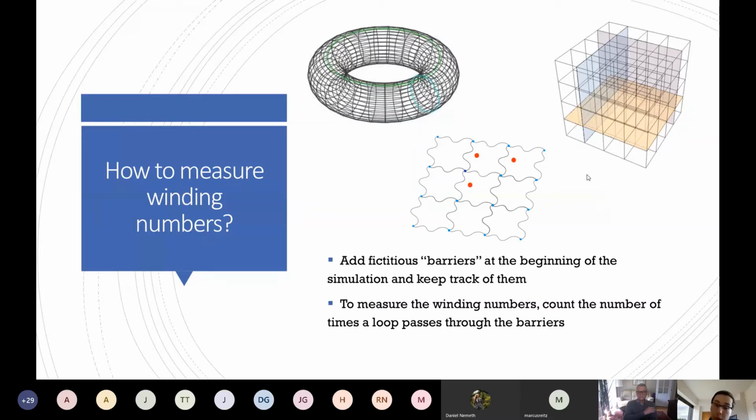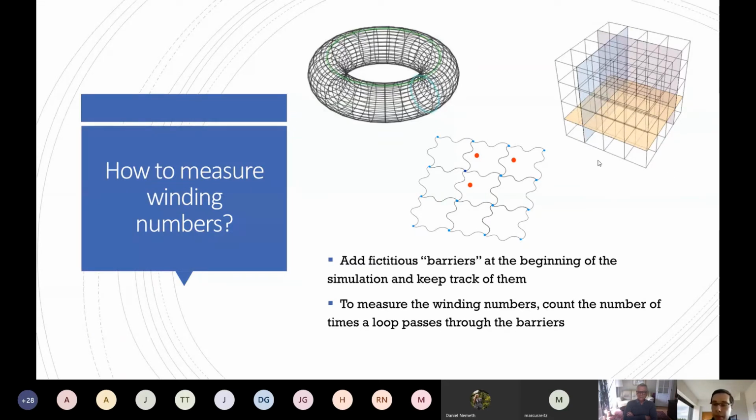And those barriers would also be very difficult to introduce to a complicated configuration. So we add them at the beginning of the simulation, when we start from such a simple configuration, which is built out of hypercubes, which are triangularized, and then we just keep track of the barriers throughout our simulations.